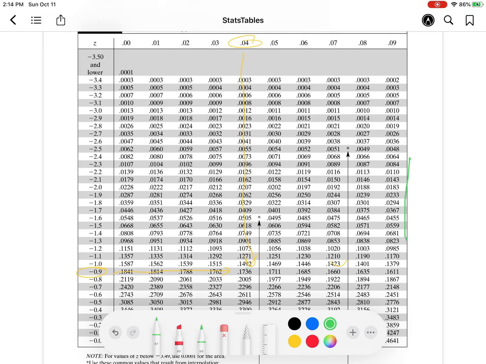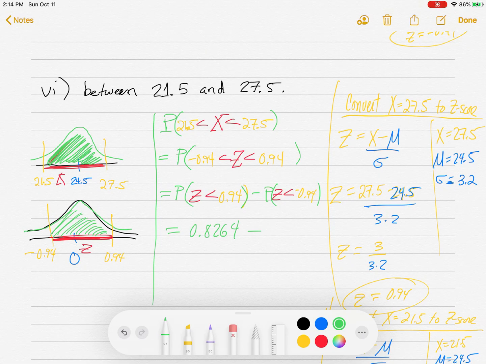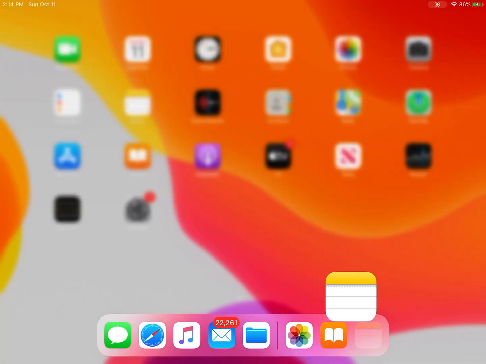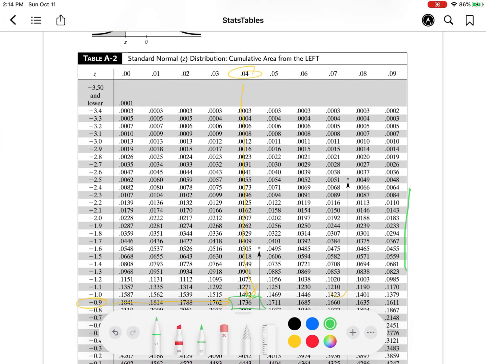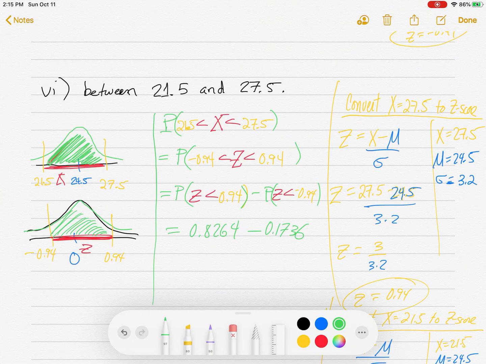Negative 0.9 with a 4 there. It's going to give you an area of 0.1736. Let me go back and check. Yep, 0.1736. Okay, so you're going to subtract those numbers.